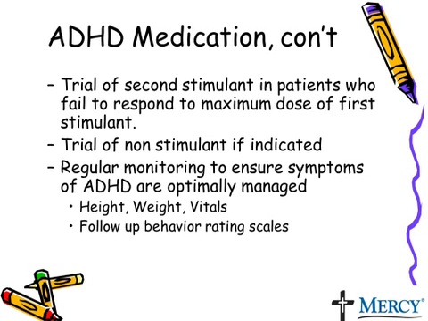And as Darcy talked a little bit about, we do ongoing monitoring to ensure that we're using the optimal dose of medication, monitor height, weight, and vital signs, and do ongoing follow-up with behavior rating sheets.